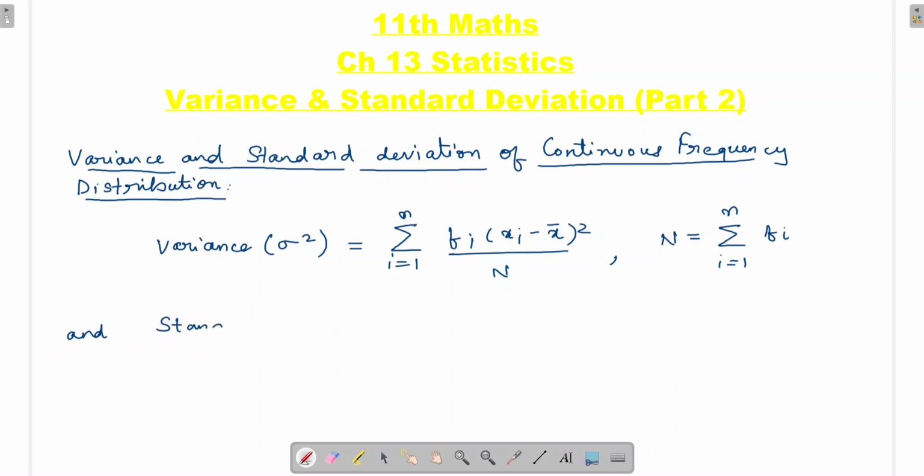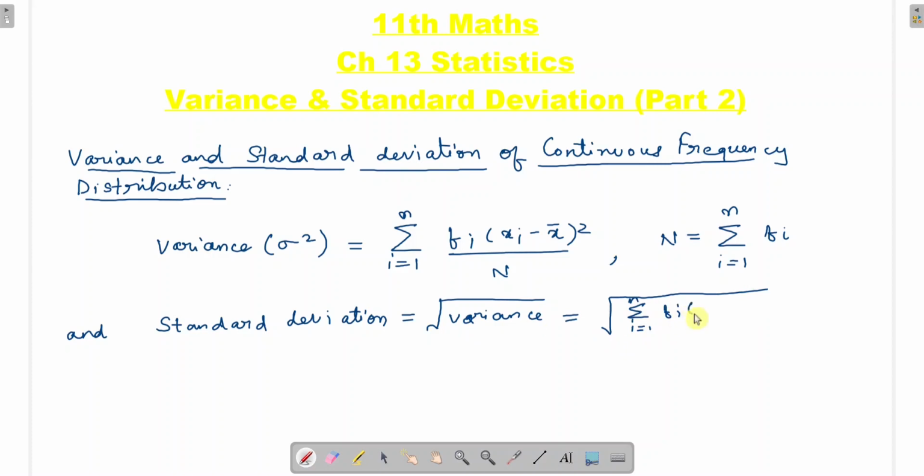So standard deviation is equal to the root of summation i going from 1 to n fi (xi minus x bar) the whole square divided by N. So these are the two formulas.